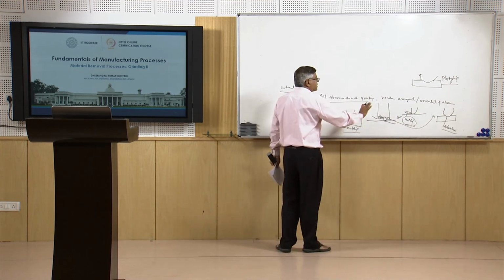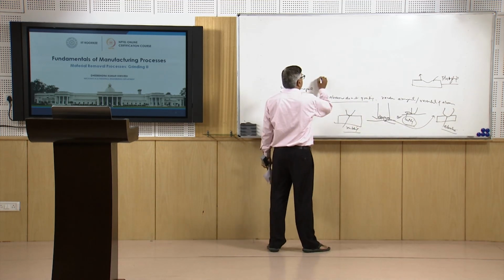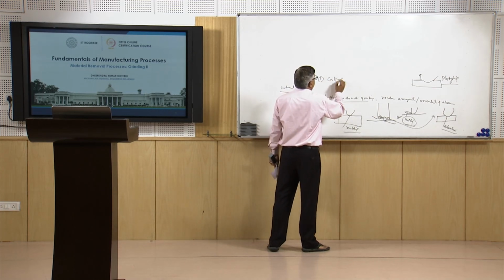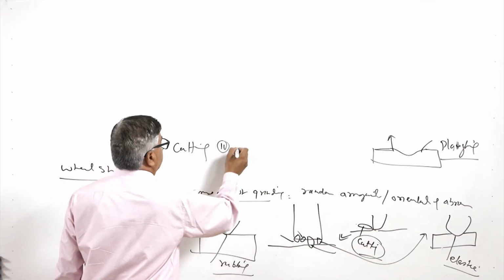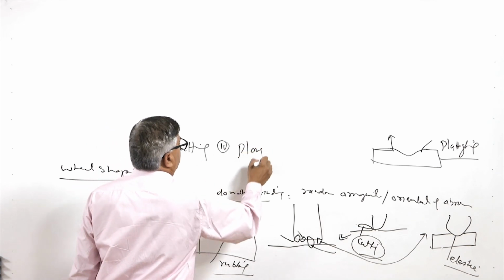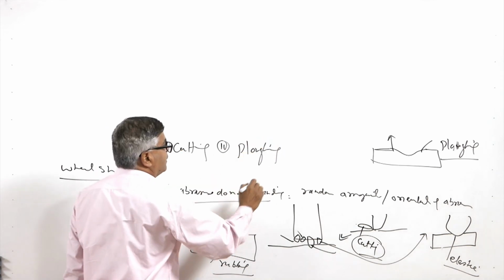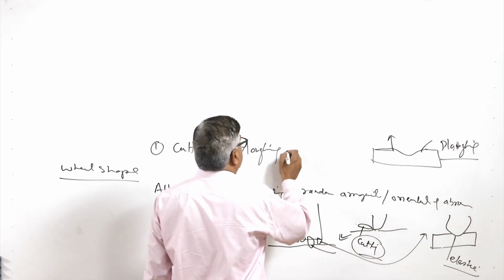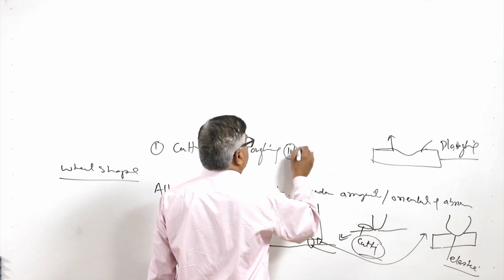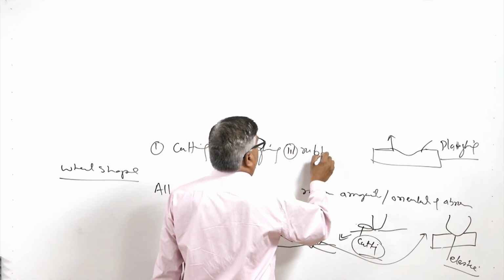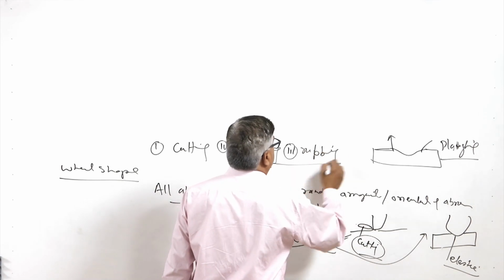So the abrasives work in three ways: one is cutting, where material is removed; second is ploughing, where material is displaced sidewise; and the third is just rubbing of the abrasives with the surface of the workpiece.